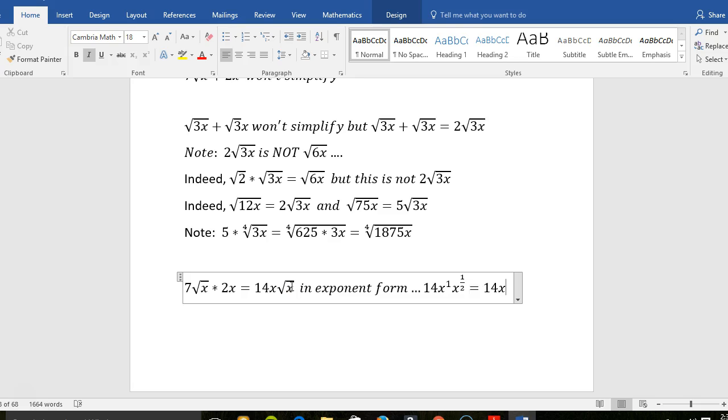She's going to want you to write 14x to the 3 halves power. That's assuming that he or she wants exponent form at all. He or she might not even want that. They may just want you to leave it like this. It depends. In some situations you'll want this. In other situations you'll want this. They're the same answer, but they're in a different format, okay? And so there's that.